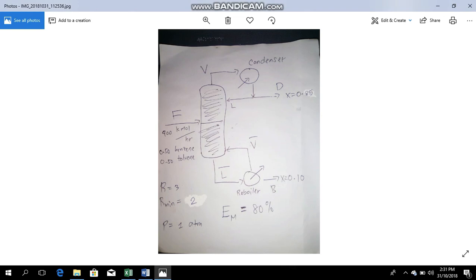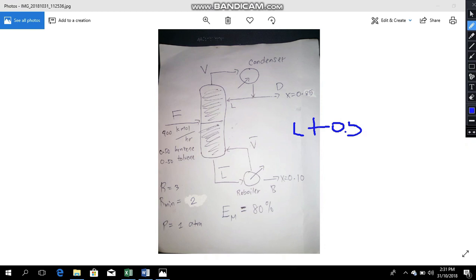Q is equal to L bar minus L over F. And we define that L bar is equal to L plus our liquid in the feed, which is 0.5 F. So our Q is L bar minus L, so L bar is L plus 0.5 F, and then minus L, divide all by F. So our Q is equal to 0.5 F over F, which is 0.5.